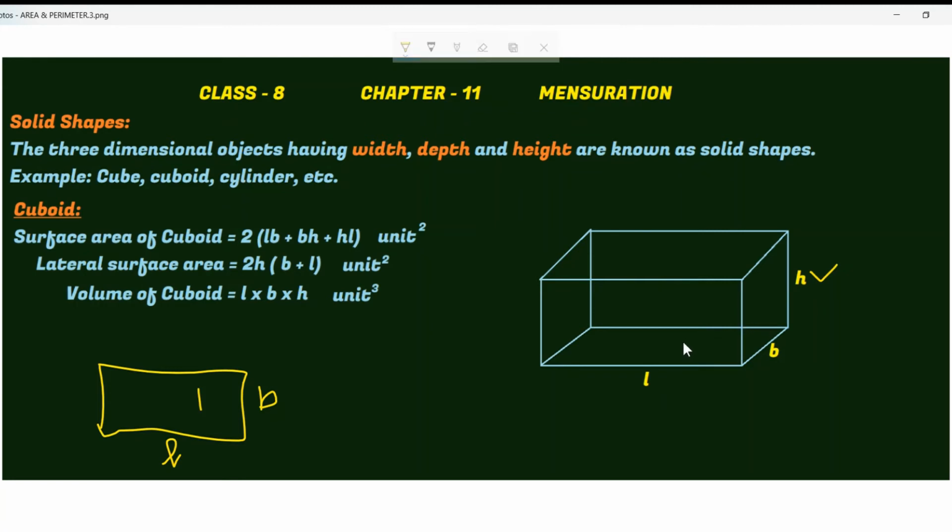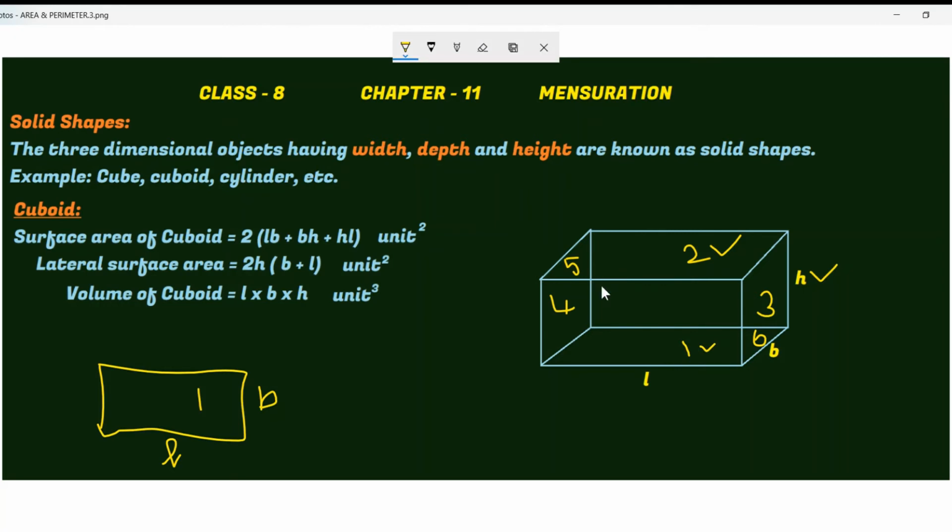This is the first one and this is the second one, and 4 lateral surfaces, third one, fourth one, 5 and 6. So 4 lateral surfaces and 2, one is the upper side, another one is the down side.